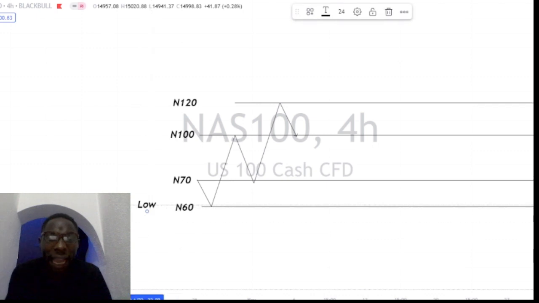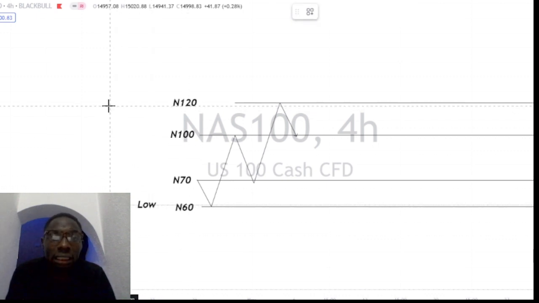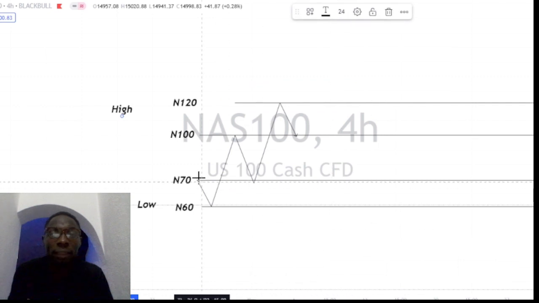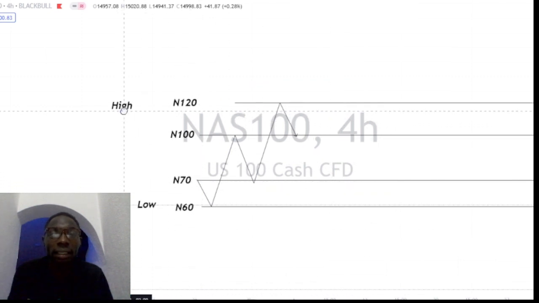Now, what is the highest point? The highest point is this 120. I will have 120 as my high. Okay, I will have this as my high.